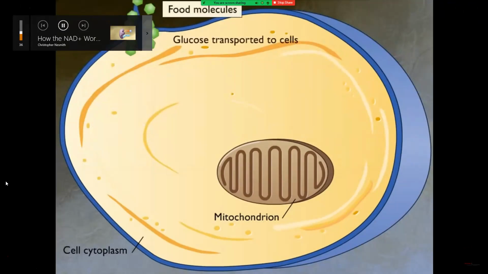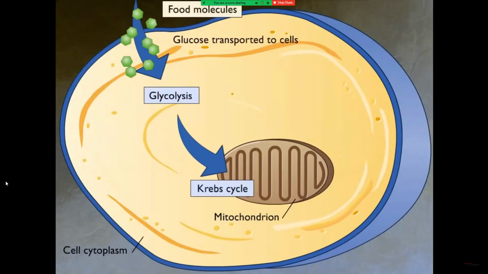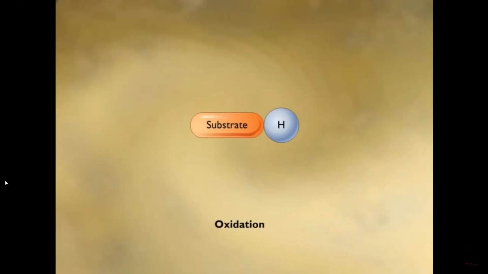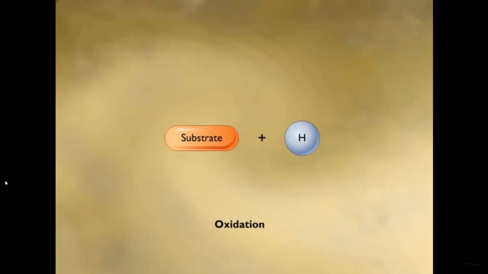Cells obtain energy during cellular respiration by oxidizing food molecules such as glucose. The energy derived from these oxidation reactions is used to form ATP. Oxidation can be defined as the removal of hydrogens from a molecule.